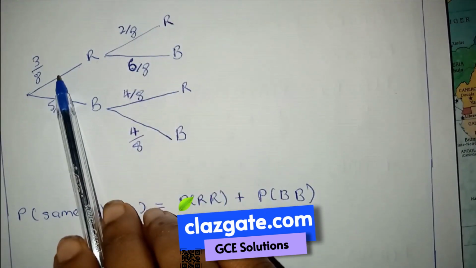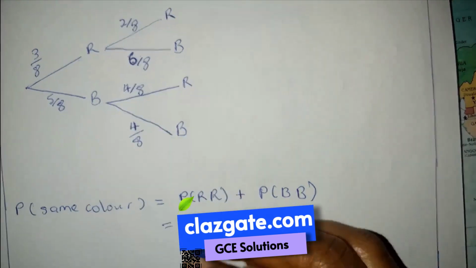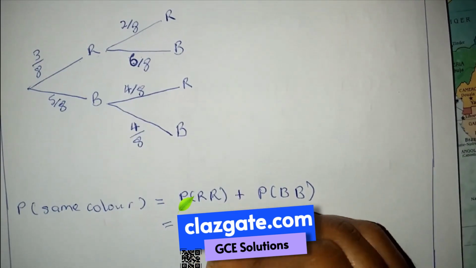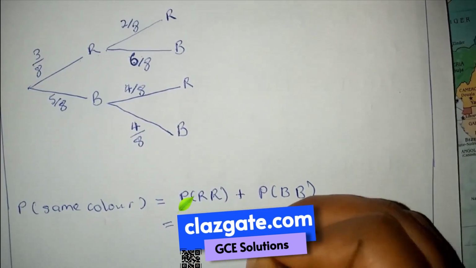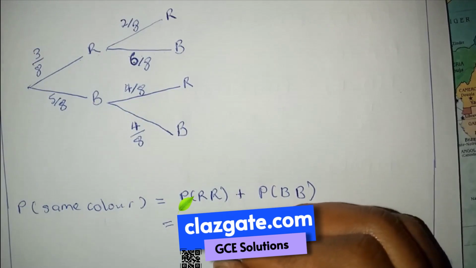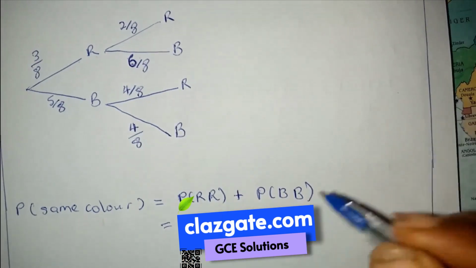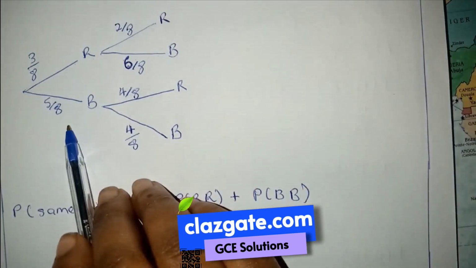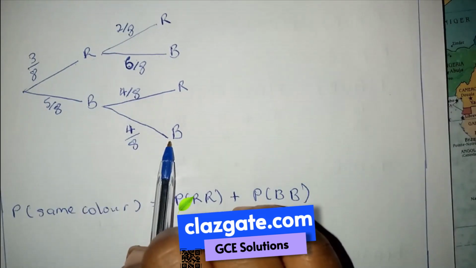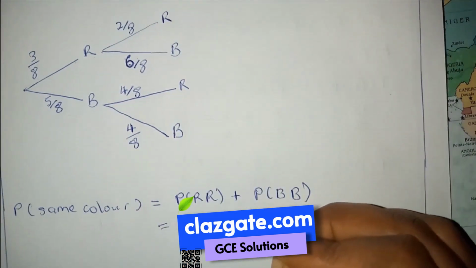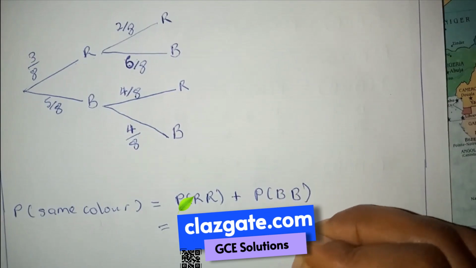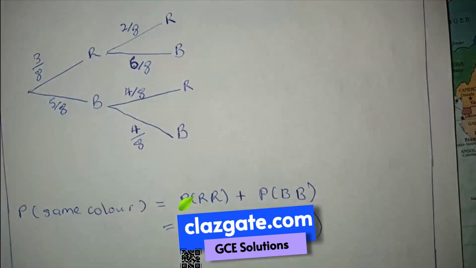Probability of red first time is 3 on 8, probability of red second time is 2 on 8. So that's 3 on 8 times 2 on 8, plus 5 on 8 times 4 on 8.